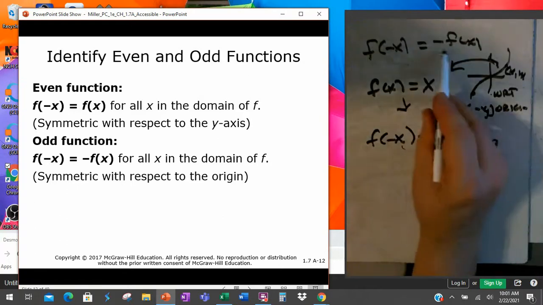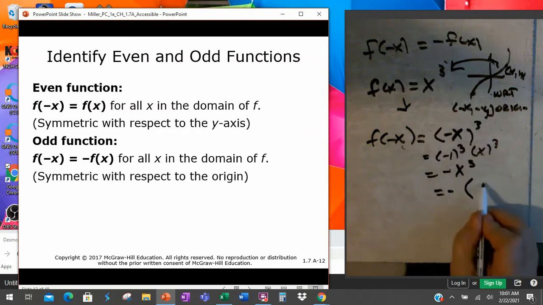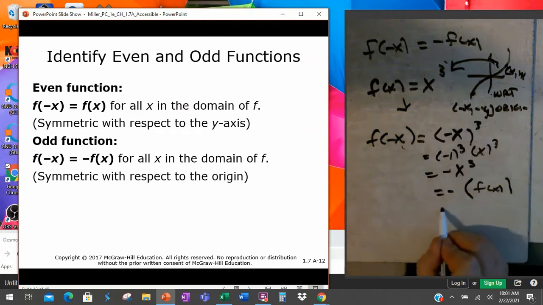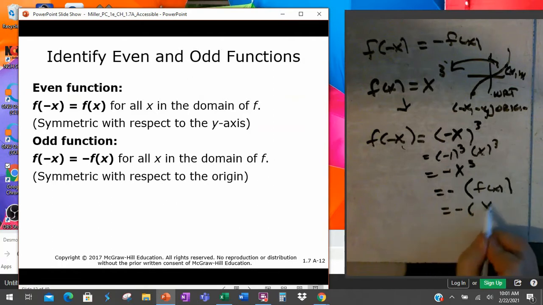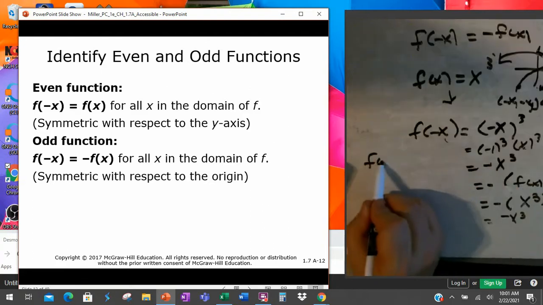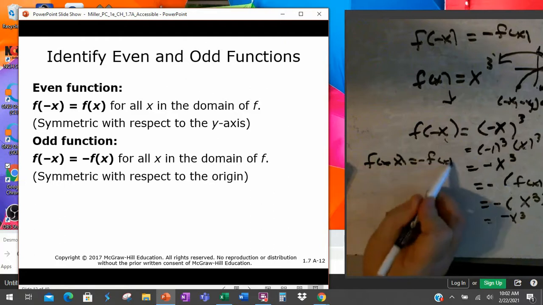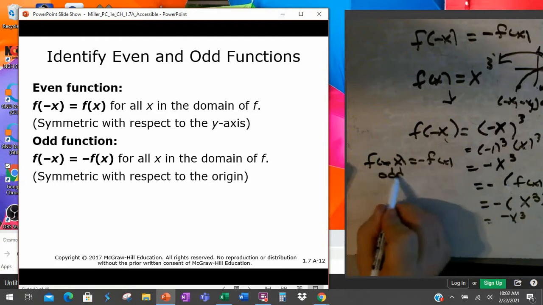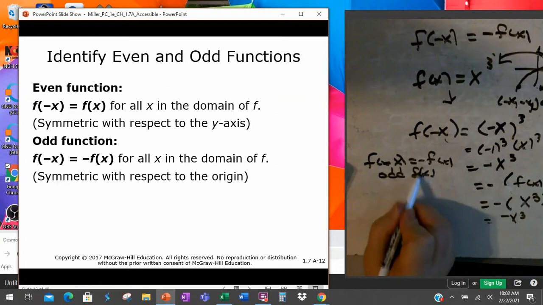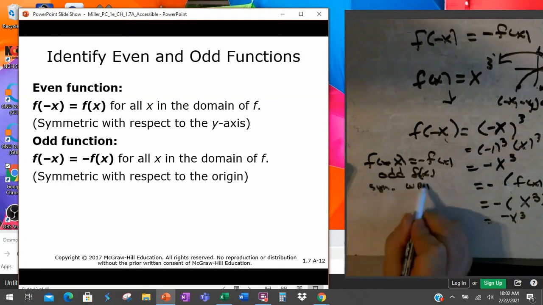And this is the same thing as negative f of x, which is negative x cubed. Okay? So anytime f of negative x is negative f of x, this is an odd function, and it's symmetrical with respect to the origin.